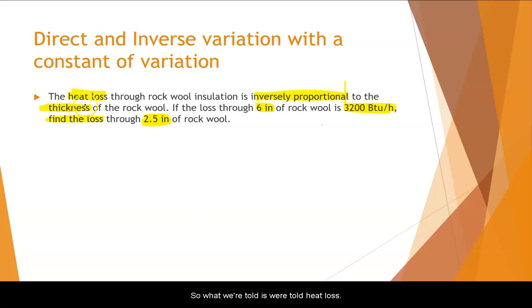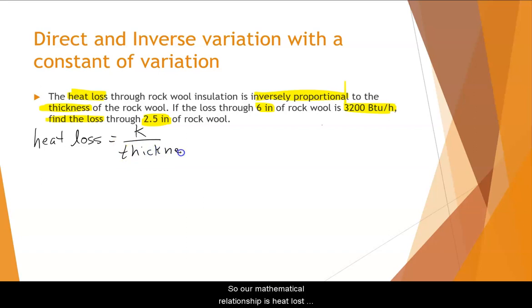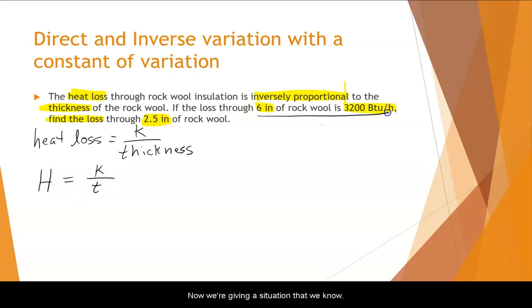So what we're told is heat loss is inversely proportional to thickness. So our mathematical relationship is heat loss equals K divided by the thickness. Let's write that as H equals K divided by T. Now, we're given a situation that we know: 6 inches of rock wool results in a heat loss of 3,200 BTU per hour.